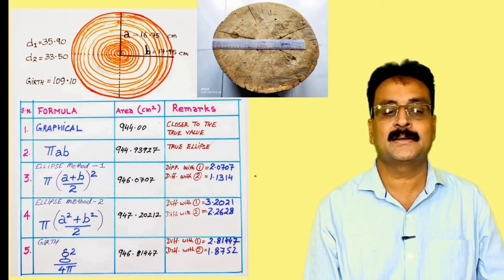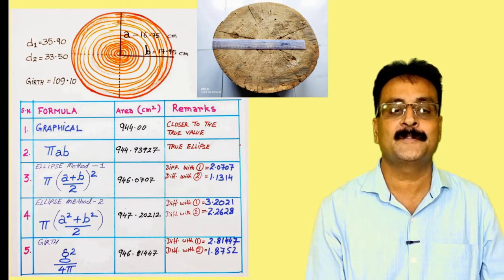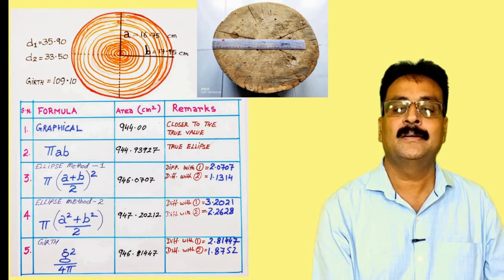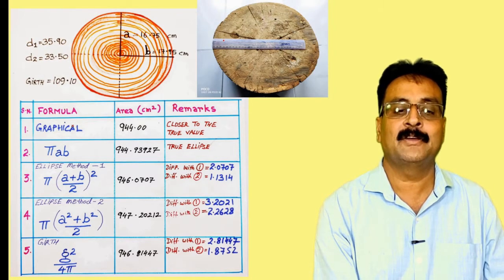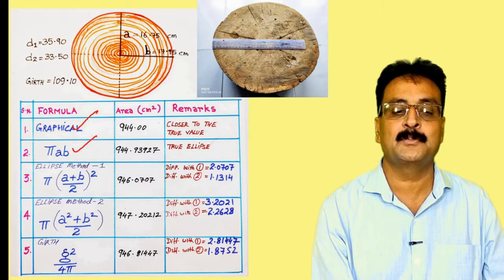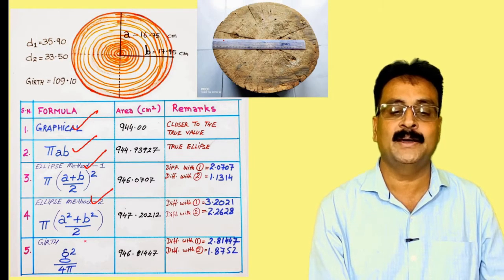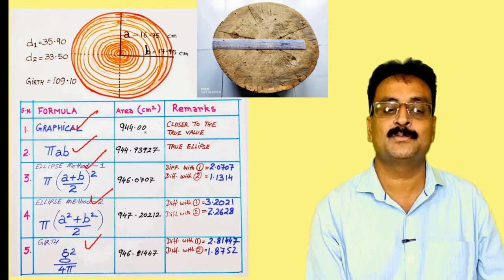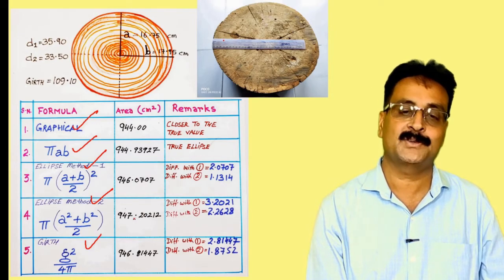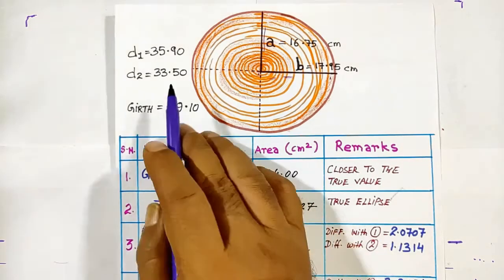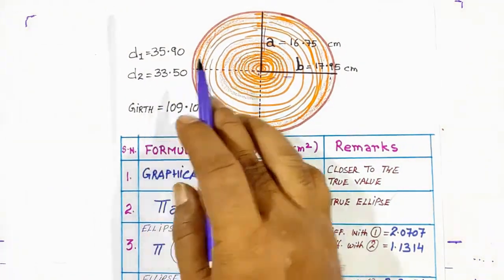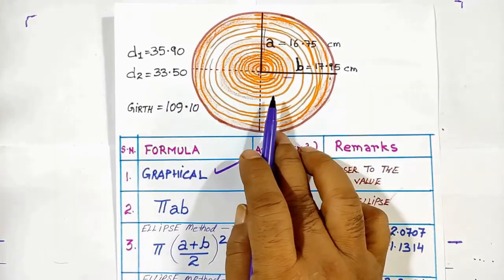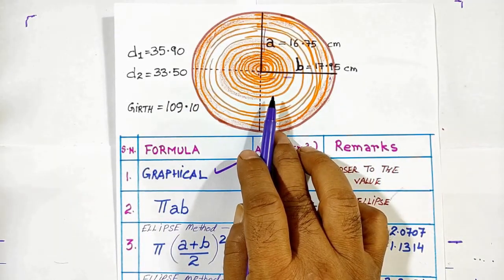So we get the calculations of this log by the graphical method, by the true ellipse method, by ellipse method 1, ellipse method 2, and the girth method. Let's see which is more suitable for selection. Here we got the results for calculation of the cross-sectional area.